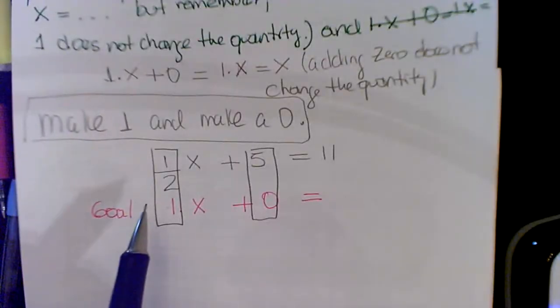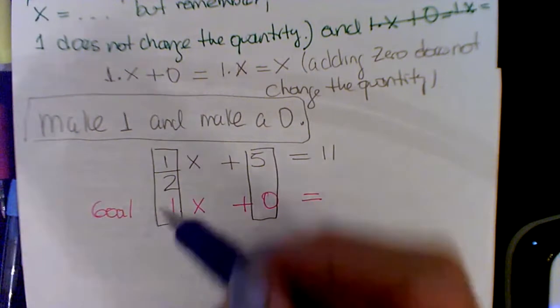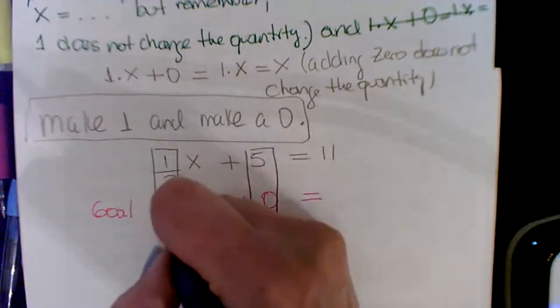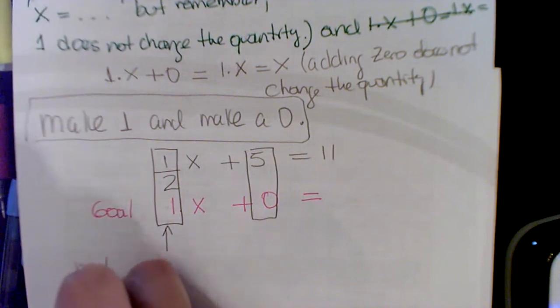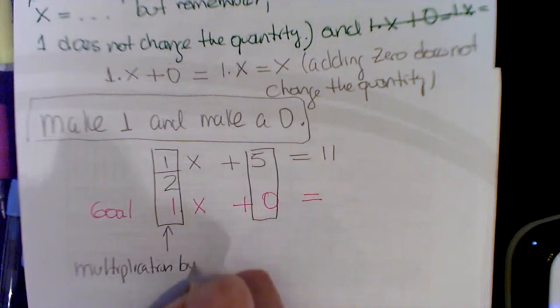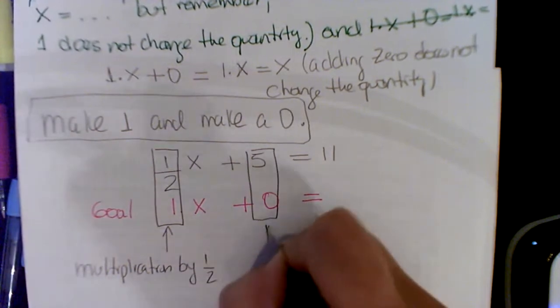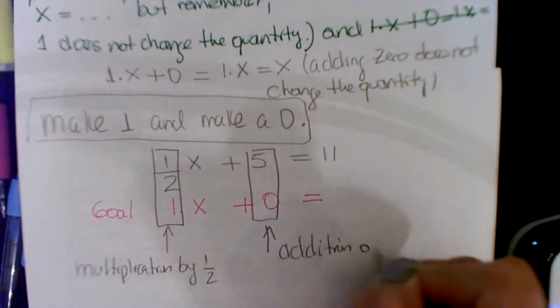So let's do it. We're going to identify the operations and the inverse elements that correspond to the operations. So right here, the operation in the original equation is multiplication by one half, and right here is addition of 5.